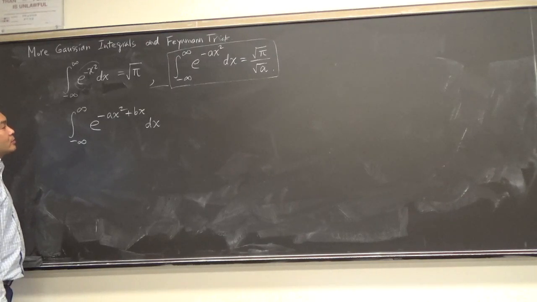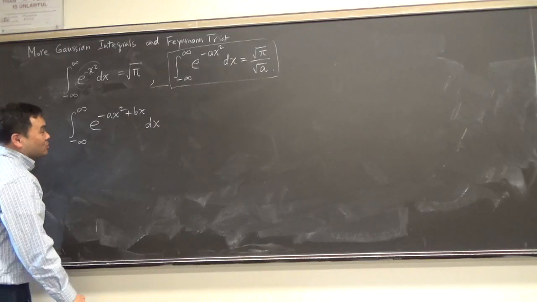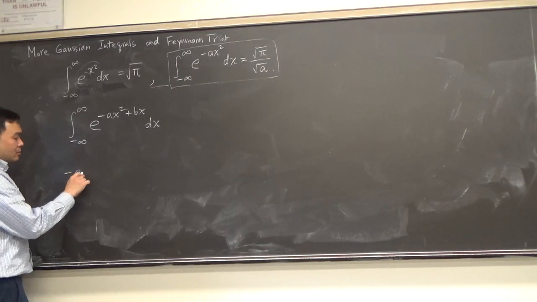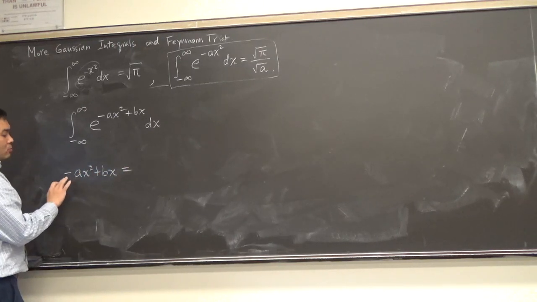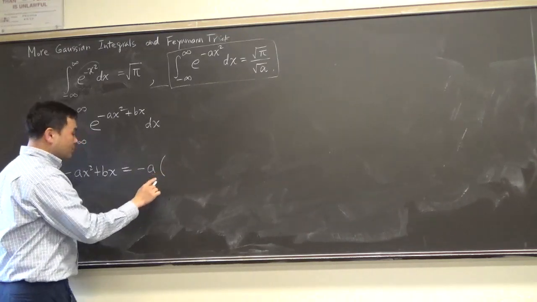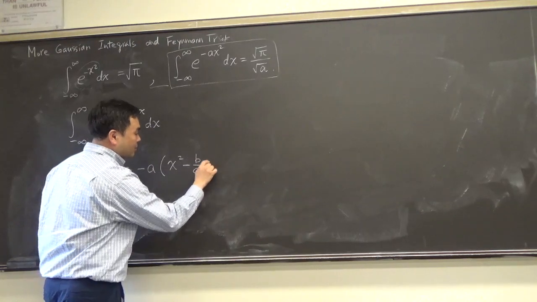Okay, so if you have another bx there, what can you do? Well, you can do completing the square. You factor the negative a out so that you get x squared minus b over a x.